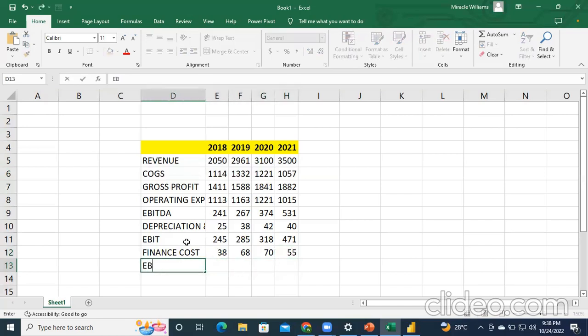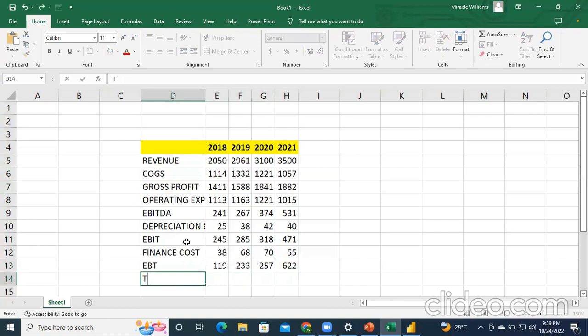Then we have our EBT, which was given as 118.81, and also 232.73. Then for 2020, 256.71. For 2021, 622.21.